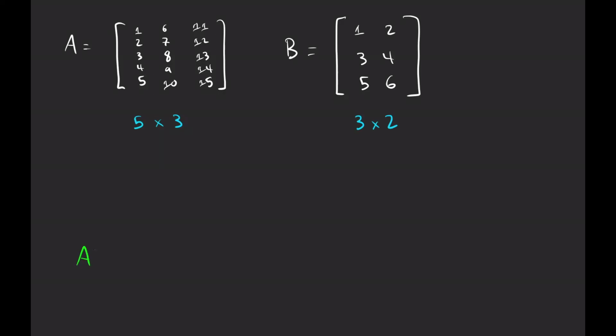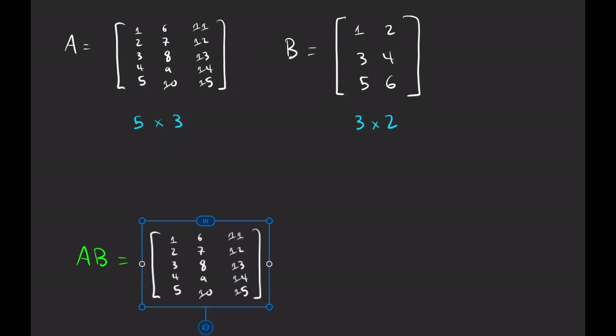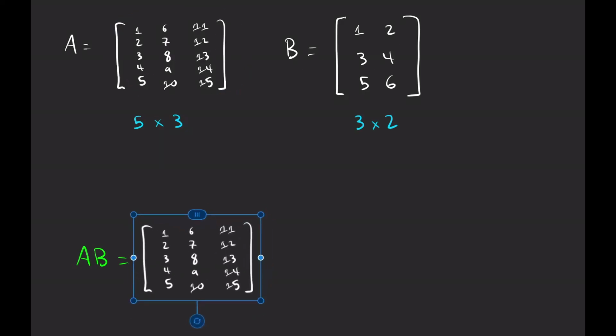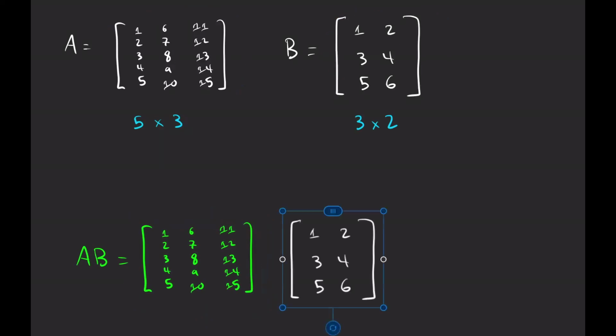When we do A times B, I'm going to do some copying and pasting. We will not work out the entirety of this because that would take a long time, but let's also use our fun notation here where we move this up just a little bit.